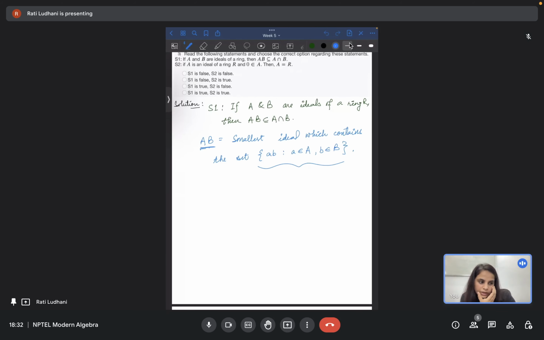Now you need to check if AB is contained in A intersection B or not. What is A intersection B? Is that an ideal first? As always, A intersection B is the set of elements which are in both A and B, right?